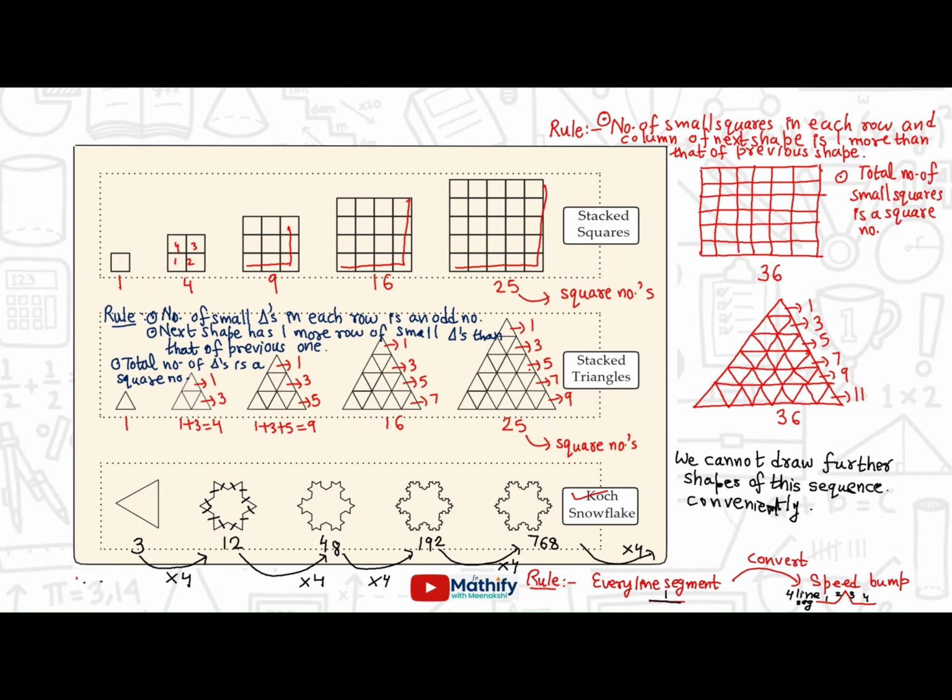See, stacked triangles. As I told you, to find the total number of triangles we have to see row-wise. In the first row we have one triangle, then three, then five, then seven, and so on. So if we add consecutive odd numbers, you know that it will always give you a perfect square.